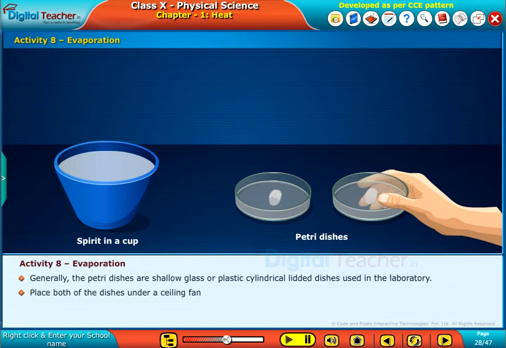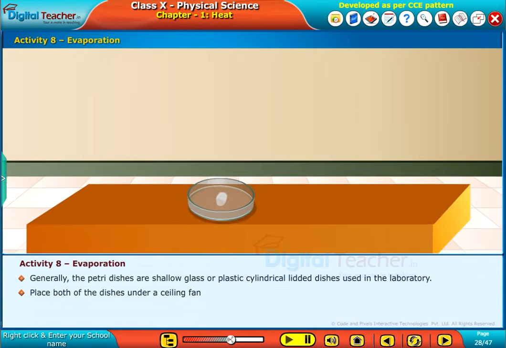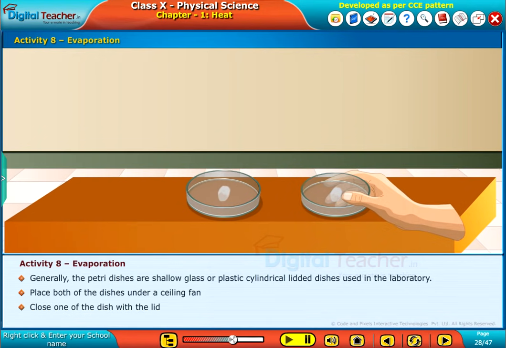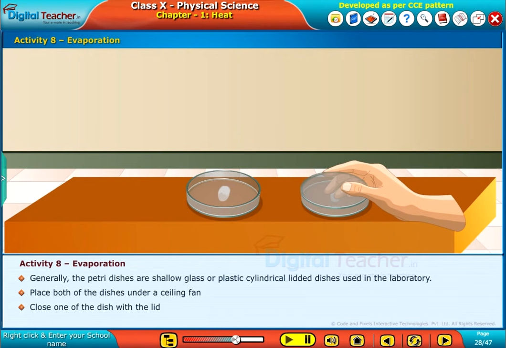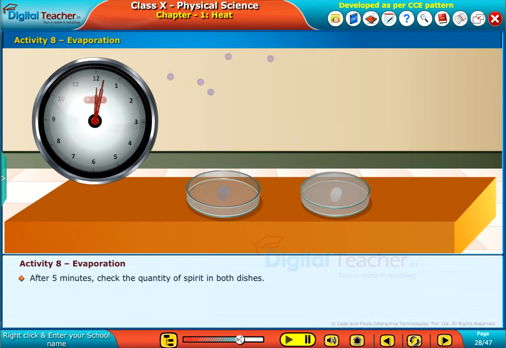Place both of the dishes under a ceiling fan. Close one of the dishes with the lid. After 5 minutes, check the quantity of spirit in both dishes.